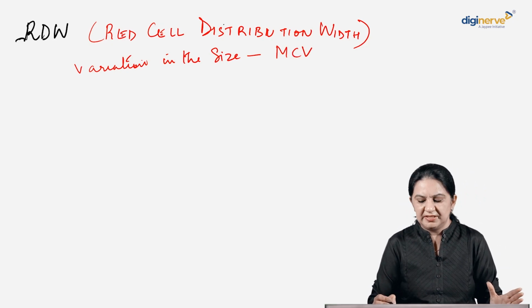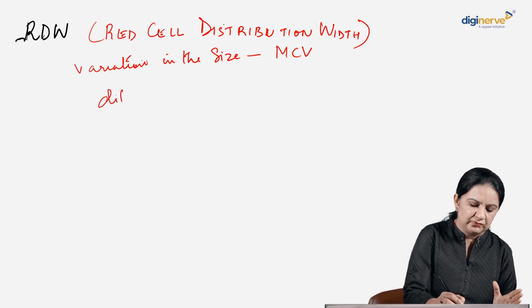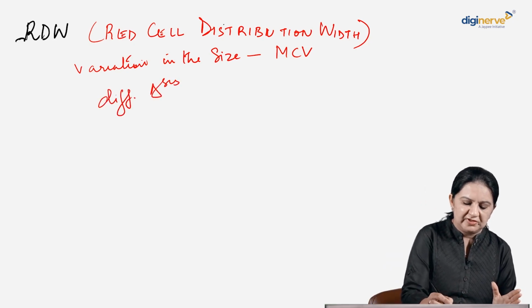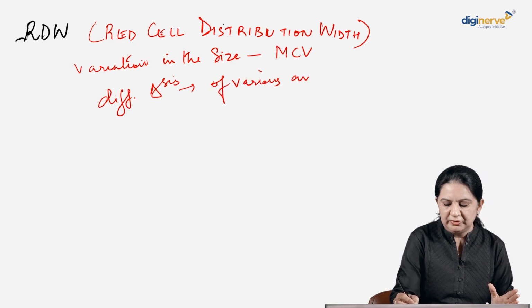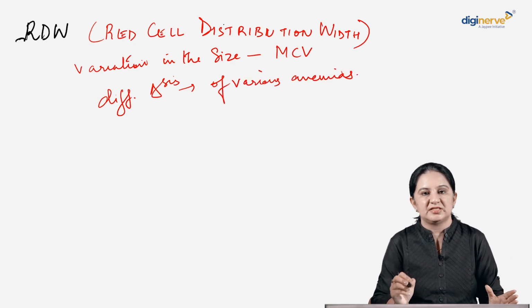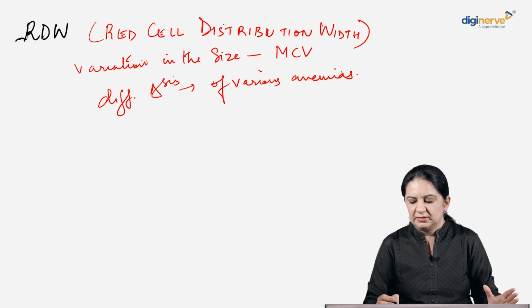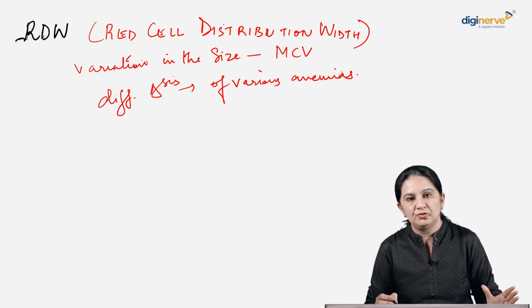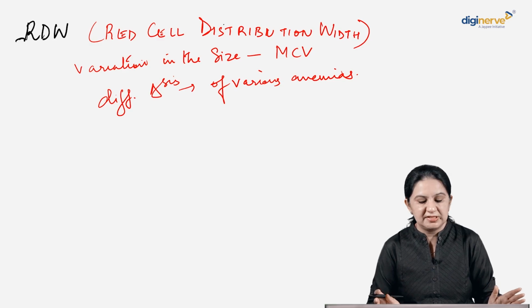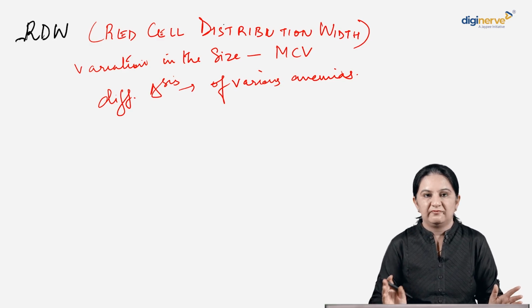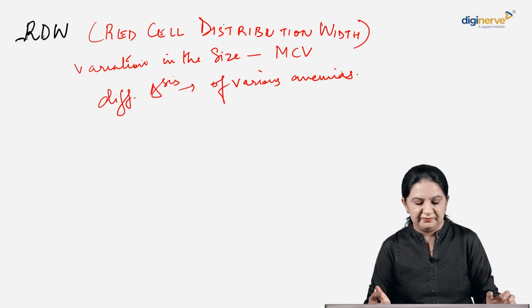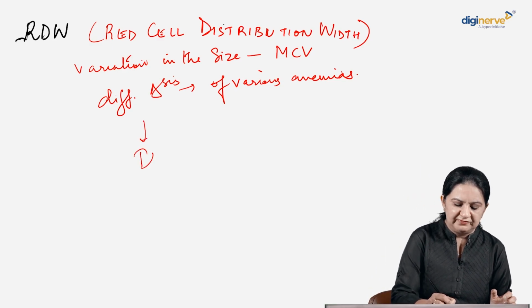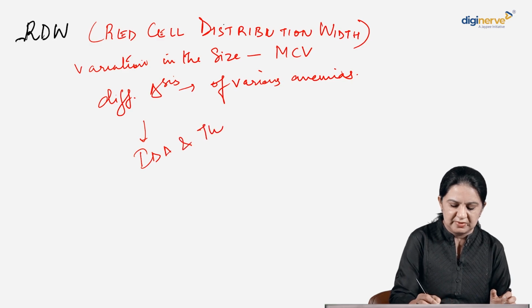This helps in the differential diagnosis of various anemias. Please remember that raised RDW is a known cause of mortality in patients, the reasons being unexplained. One important thing I forgot, RDW is most important in the differentiation of iron deficiency anemia and thalassemia. We will study this later on.